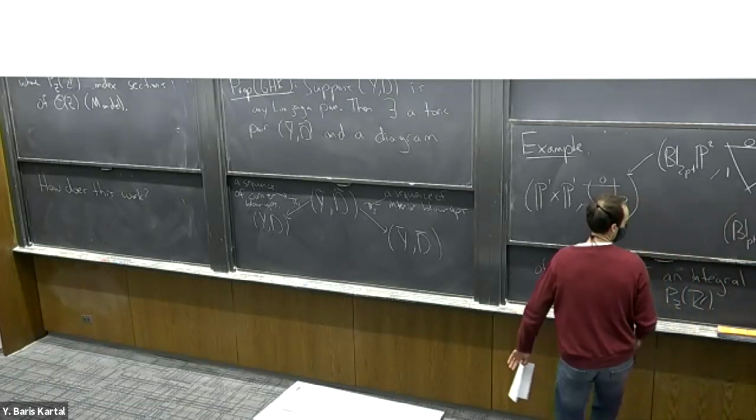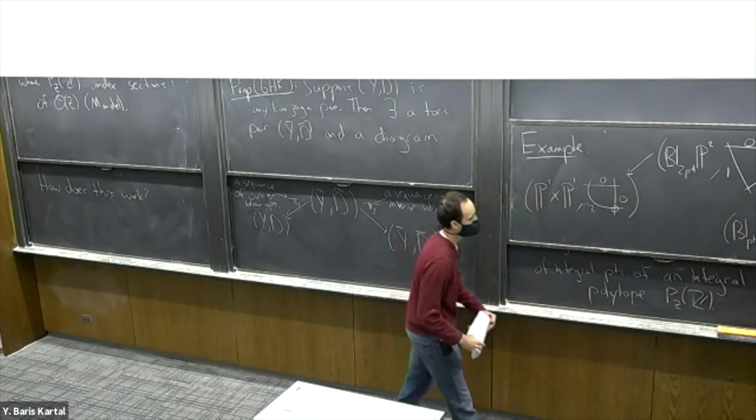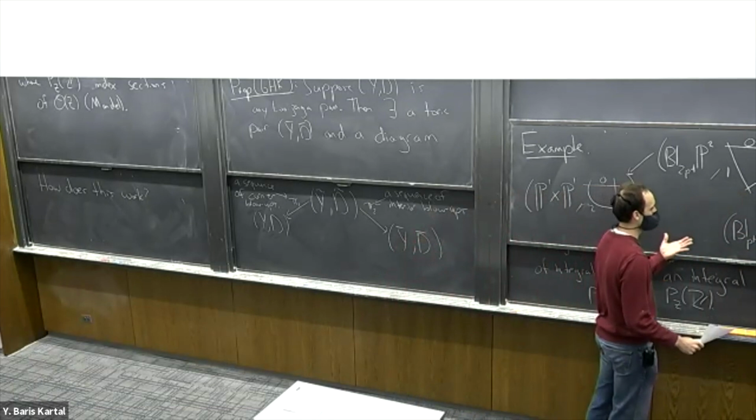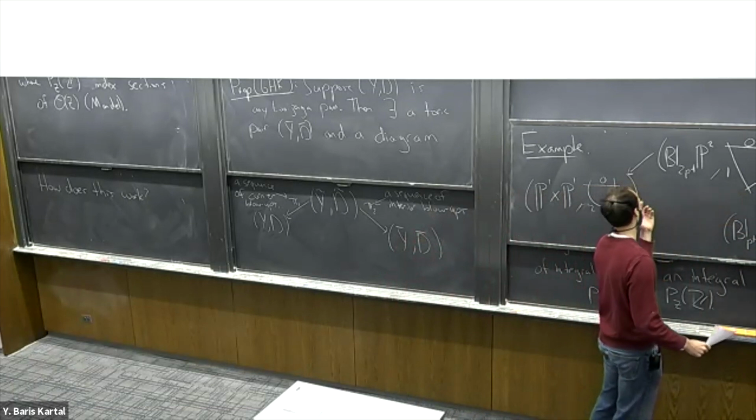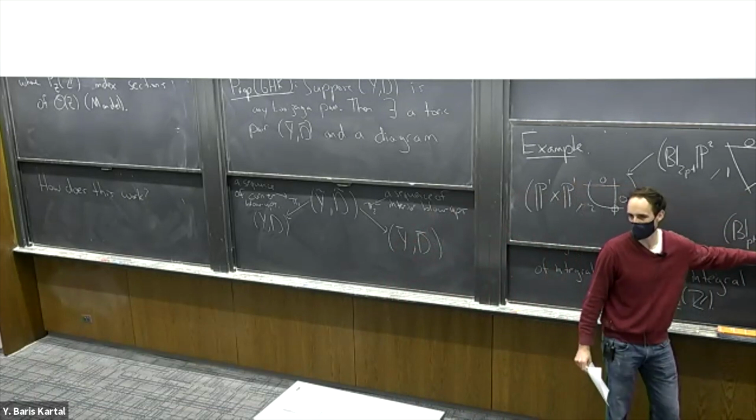You might not be super convinced about this because all I did was blow up so that I got the right intersection numbers for this to be the toric boundary of the blow up at a point of P2.